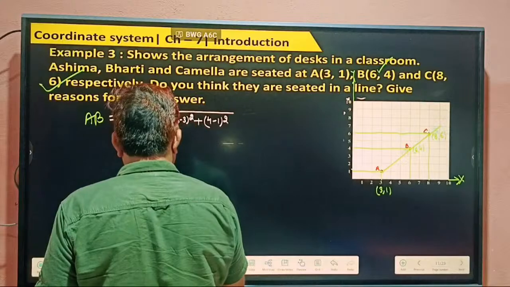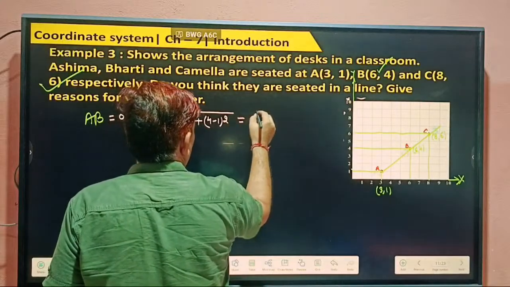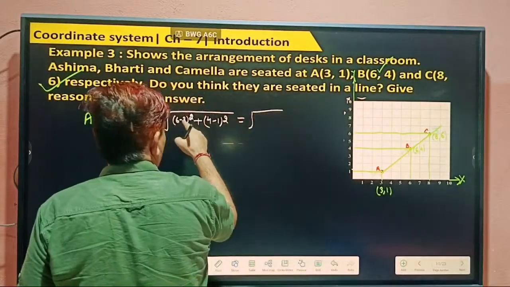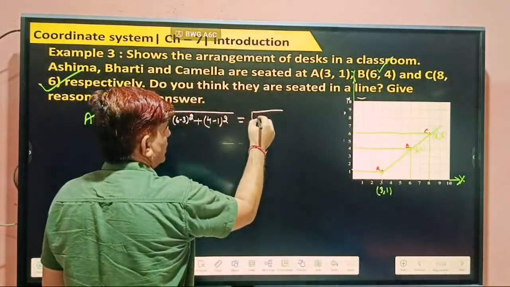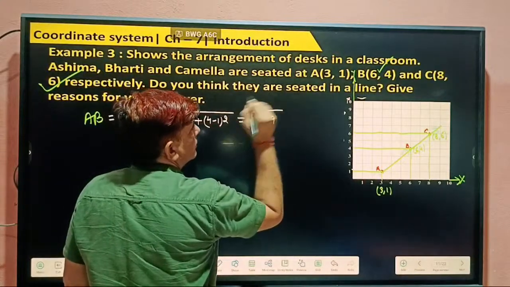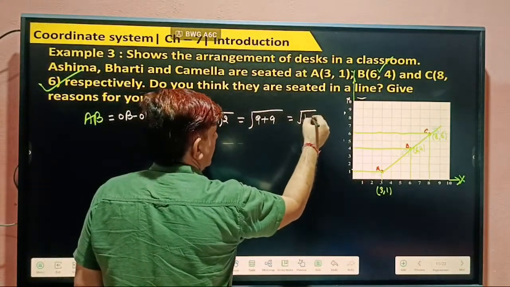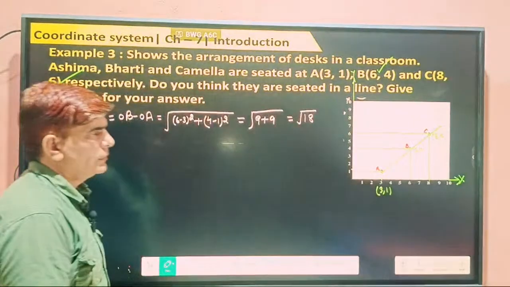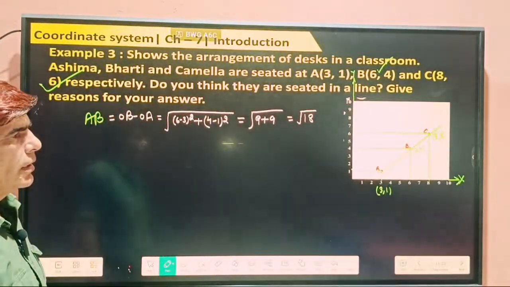So this is equal to 3 square, 9, plus 4 minus 1, 3, its square also 9. So how much? Under root 18.